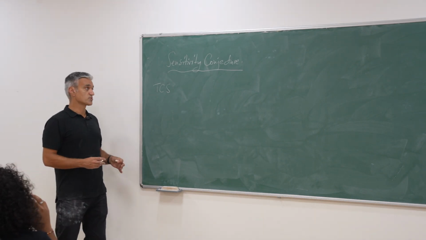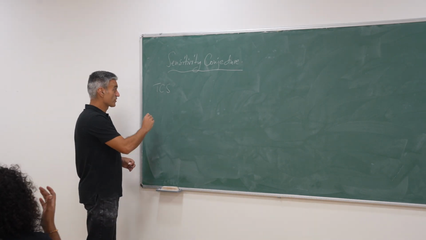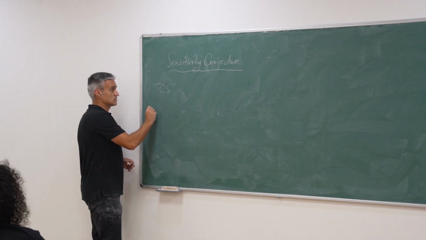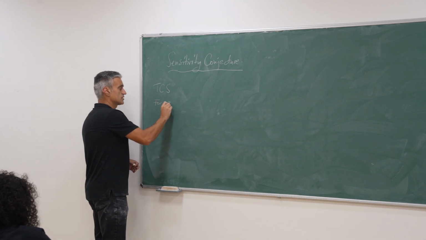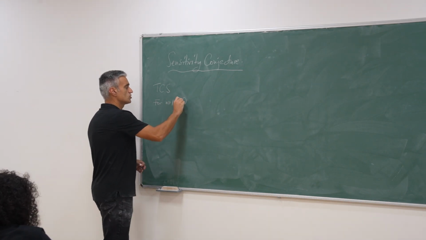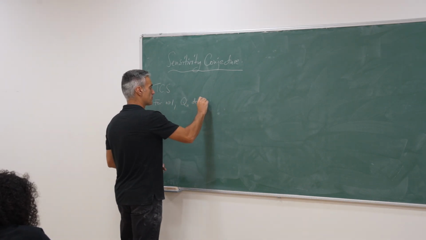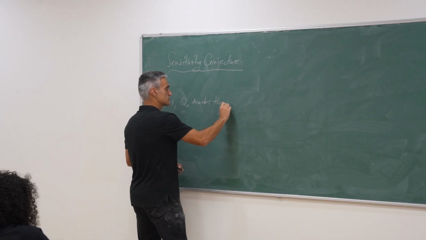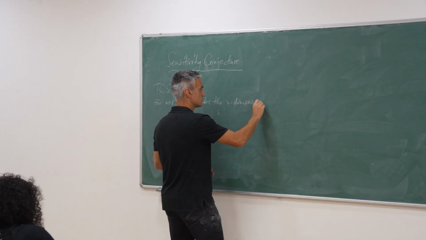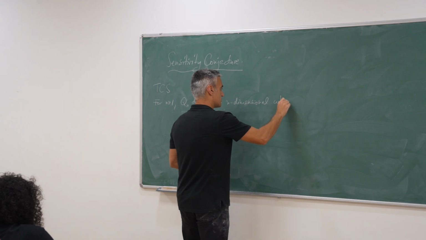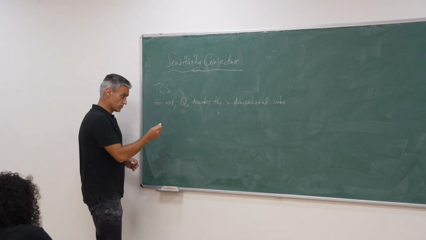The question in terms of graph theory is the following. For n greater than or equal to 1, Qn denotes the n-dimensional cube. We talked about it before.